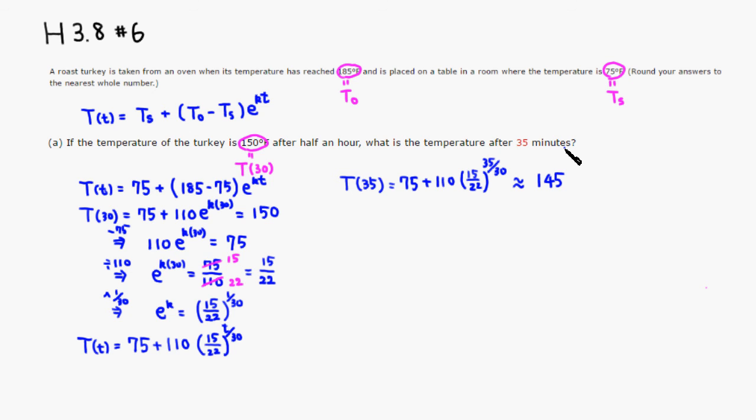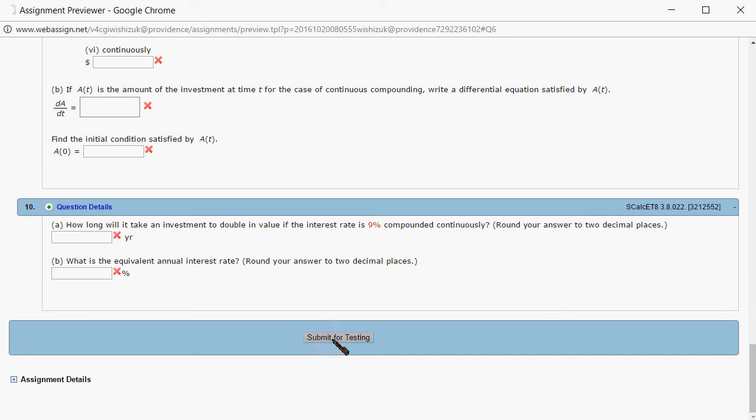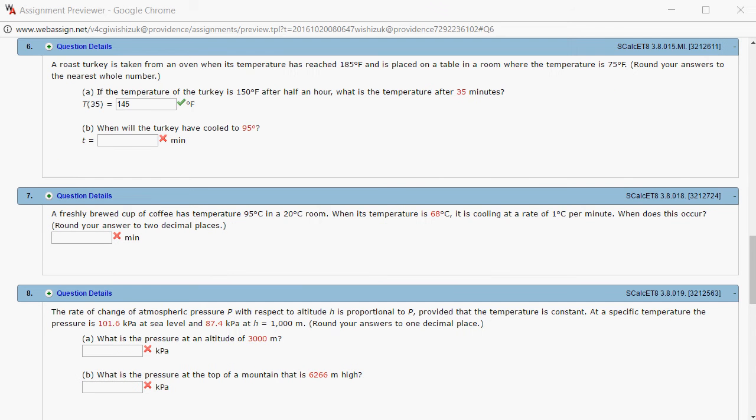Let's check the answer first. Part A, 145. We got part A correctly. Now let's look at part B. When will the turkey be cooled to 95 degrees?